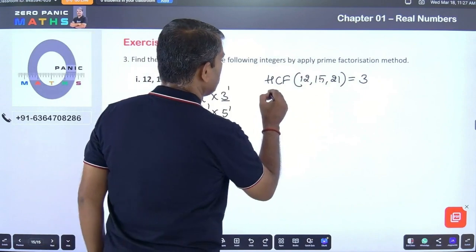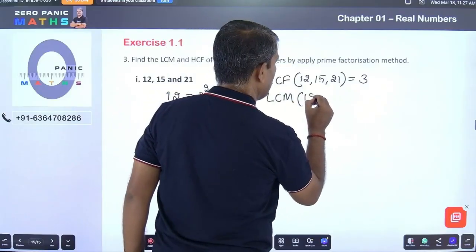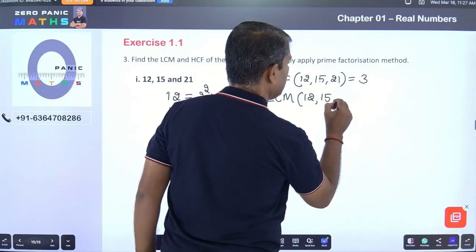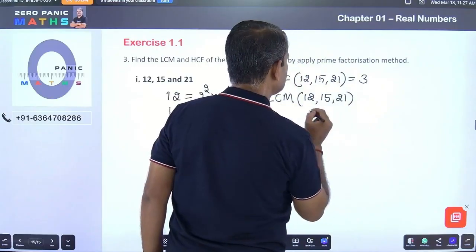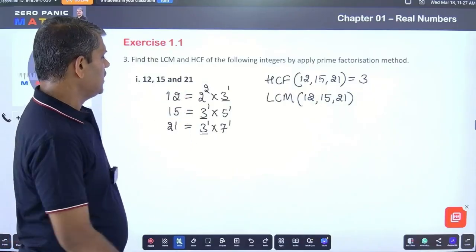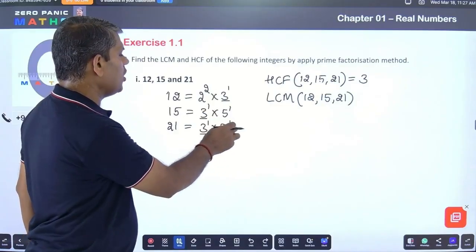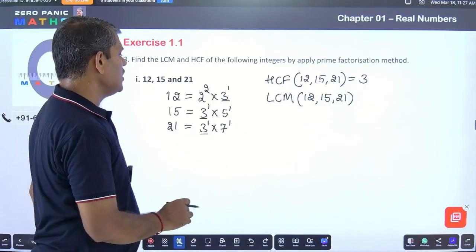Okay, now similarly LCM of 12, 15 and 21. What is LCM? All the factors with highest powers. So highest power of 2 is only 2 to the power of 2, and the remaining all are having the powers as 1 only.